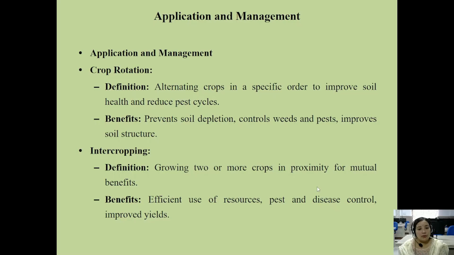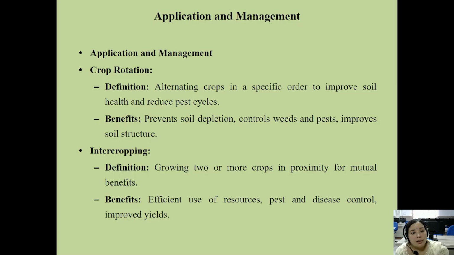Intercropping is growing two or more crops in proximity for mutual benefits and efficient use of resources, pest and disease control, which improves your crop yields. So by intercropping and crop rotation, we can do application and management of crops.